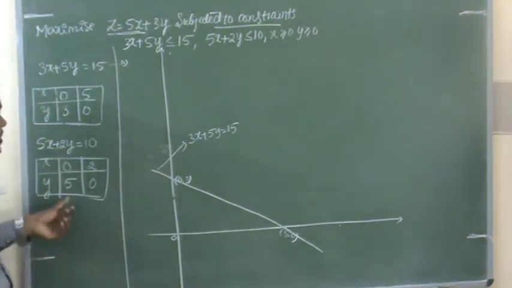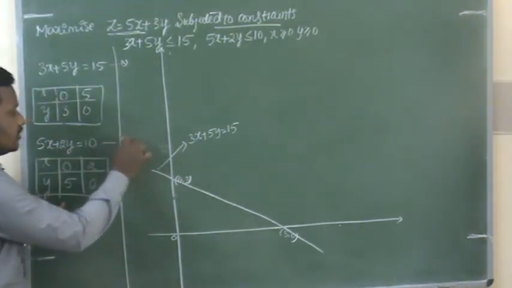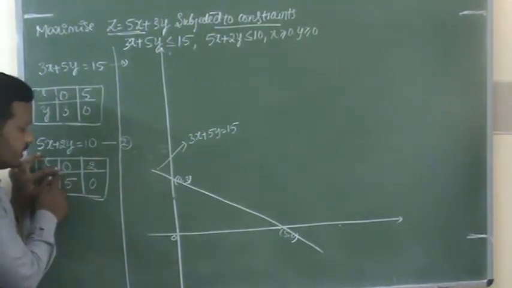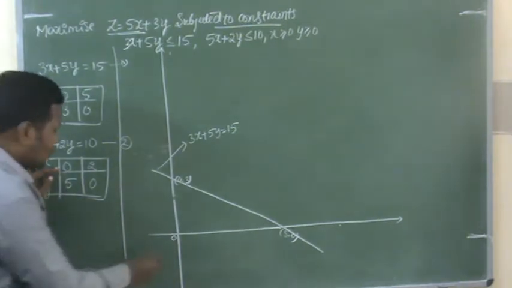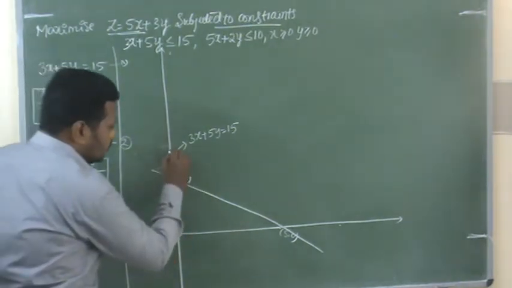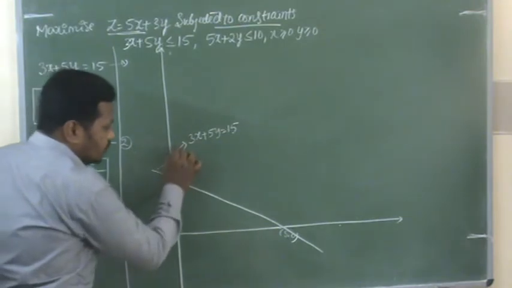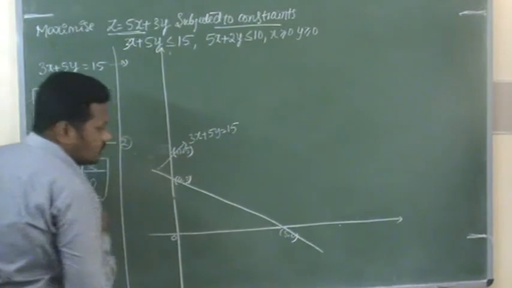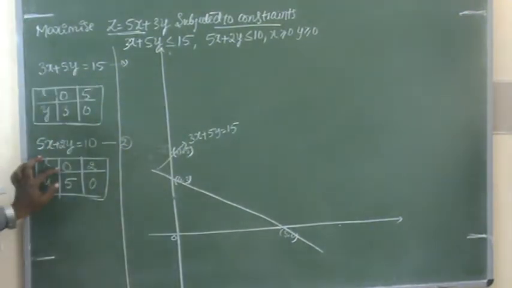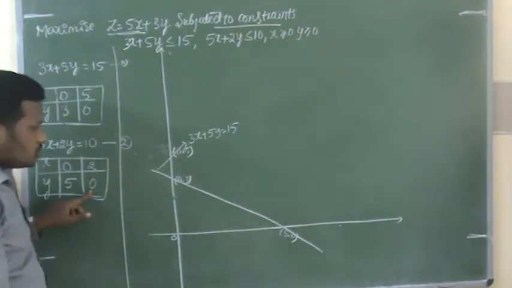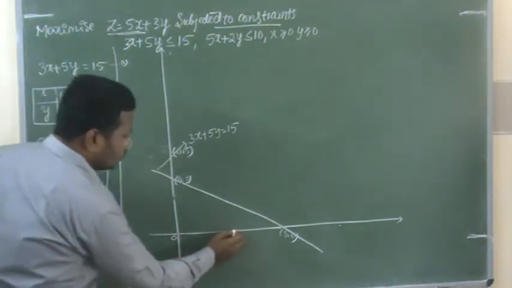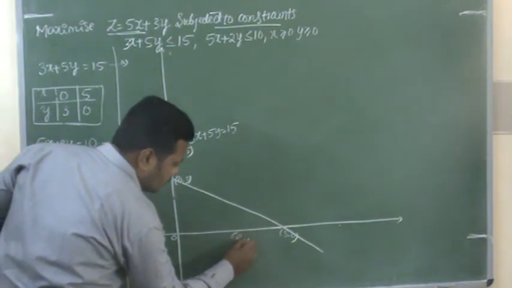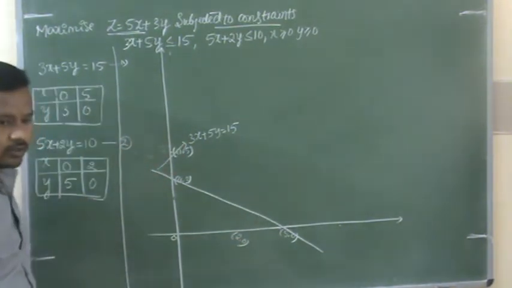Similarly, for the second equation, when x is equal to 0, y value is 5. This is also approximate. That is 0, 5. And y is equal to 0, x value is 2, that is 2, 0.